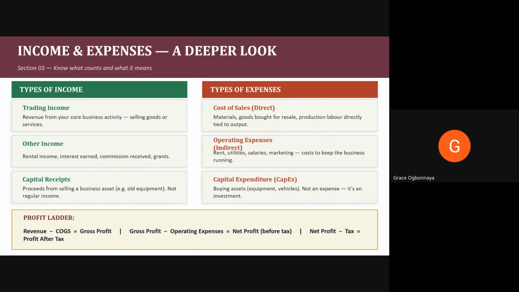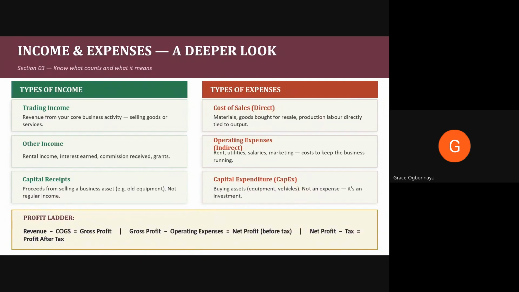You apply for a grant and by God's grace you win it, that is other income. Interest you earned from the money you generated from your business and saved or invested somewhere is other income. A commission you received on something you bought is also other income.